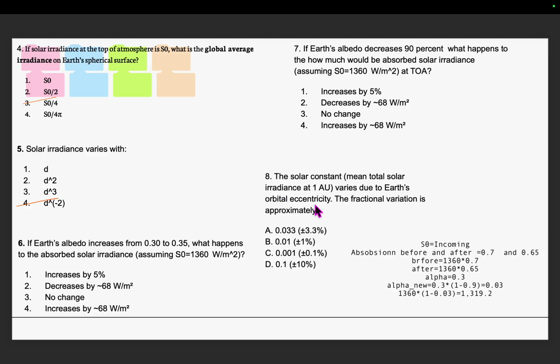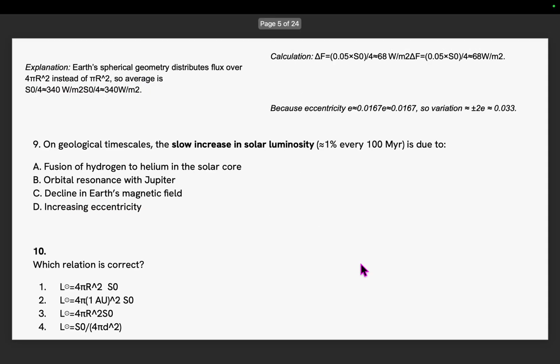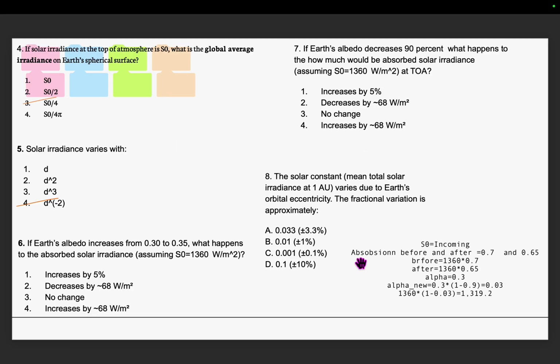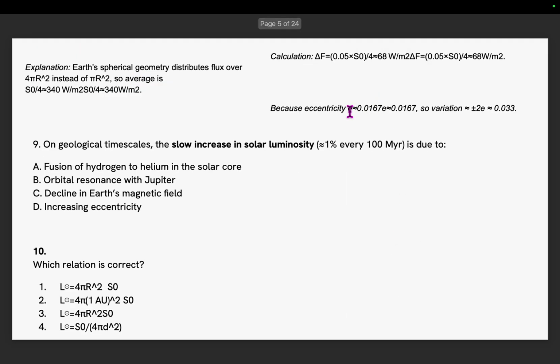The fractional variation can be given approximately as 0.033, 0.01, 0.001 and 0.1. Okay, something is missing here. Suppose eccentricity is given here also.